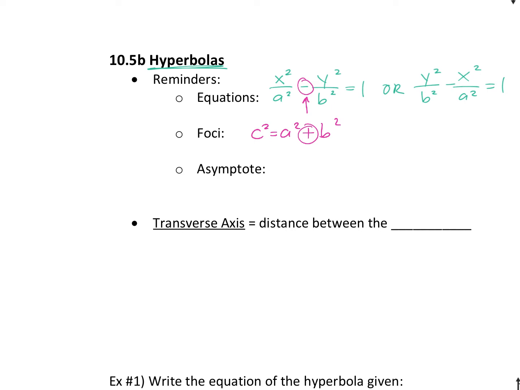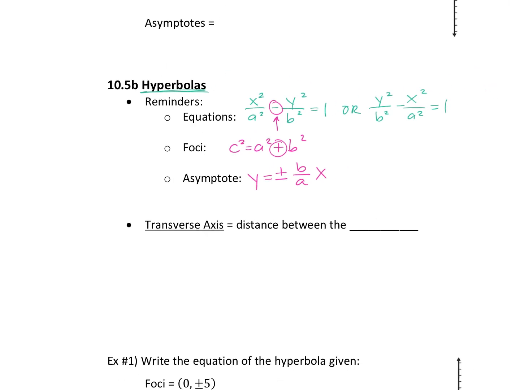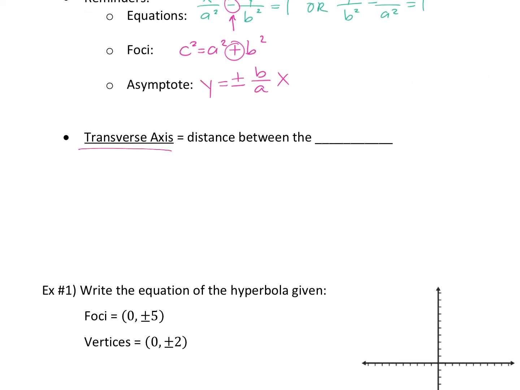Asymptote formula is going to be y equals plus or minus your b over your a times x. And remember, you always simplify that b over a. Okay? And then there's one new term in this lesson, and that is the transverse axis. This feels a little bit like the major axis on an ellipse.